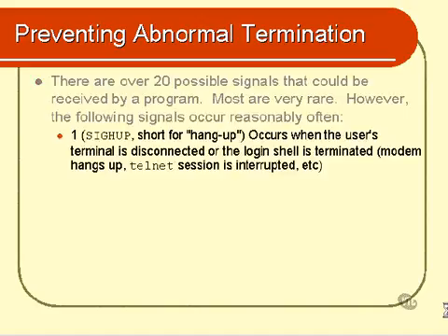The first is signal number 1, which we call the SIGHUP signal. HUP is short for hang up, and that occurs whenever the user's terminal is disconnected or the login shell is terminated. That can happen when the modem you're connected to hangs up, or a telnet session is interrupted, or the network goes down, or your terminal becomes unplugged, or whatever.